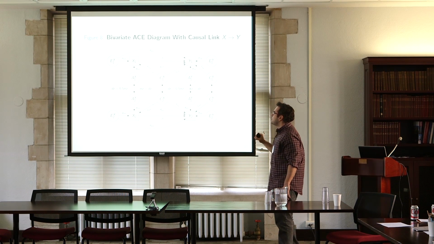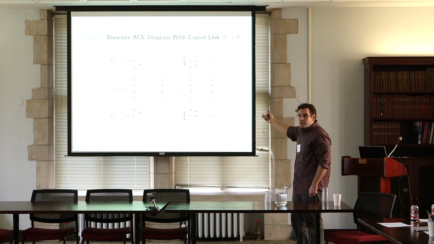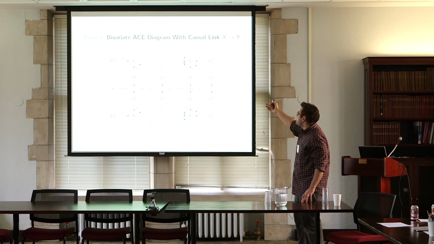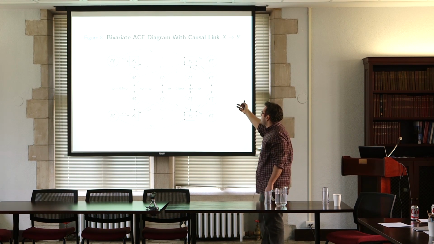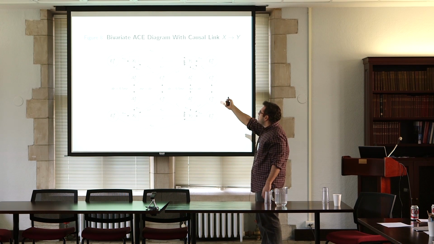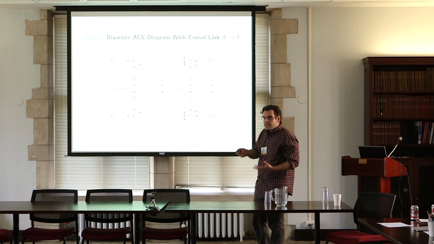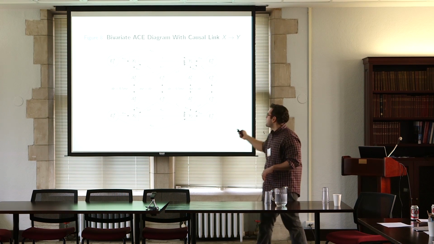Unfortunately, this model, even in the linear case, is not identified. And it's not identified because we have the relationship between epsilon x1 and epsilon x2 into y1 and y2. So what is the standard economic solution to this problem?